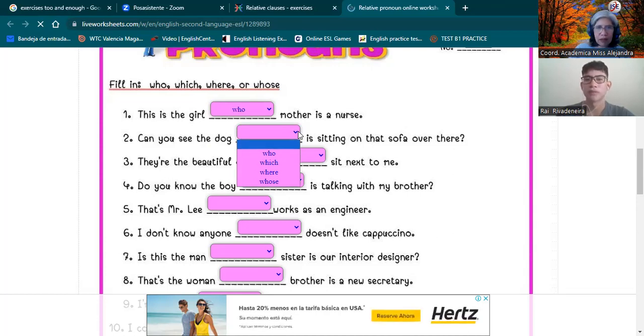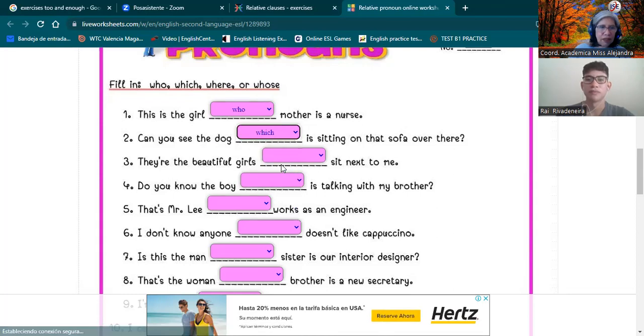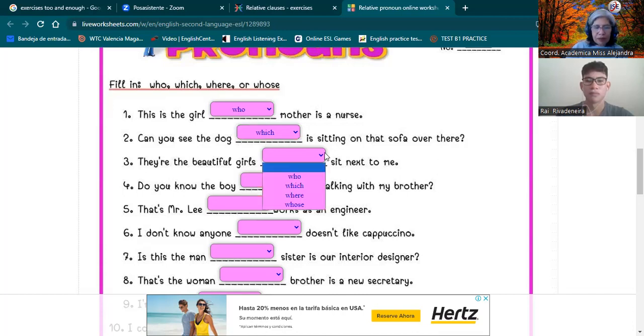Which is sitting. They are the beautiful girls. Wait a second. Let me plug this in because I'm running out of battery. Okay. They are the beautiful girls who sit.